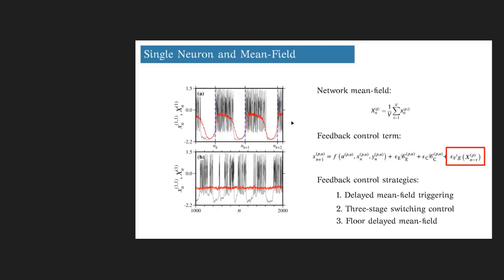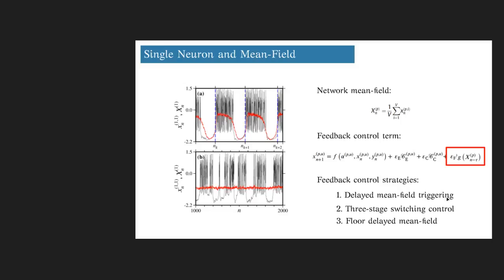It is important because the mean field is directly related to the synchronized activity, and it is the information that you use to employ feedback control. And we consider the feedback control in three different strategies. The first strategy is the delayed mean field triggering.